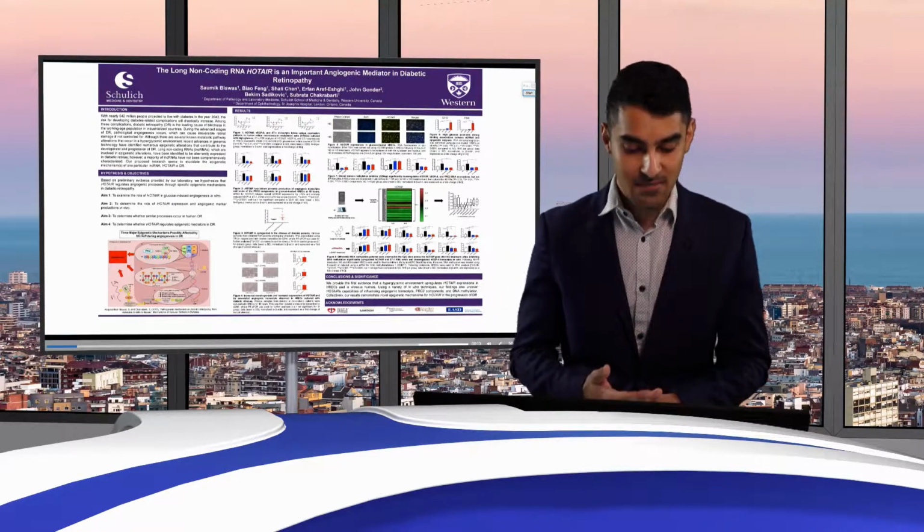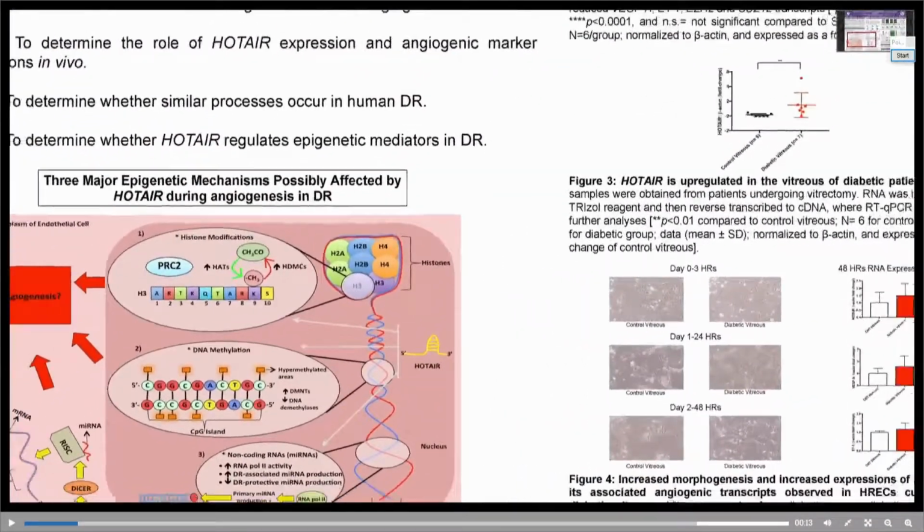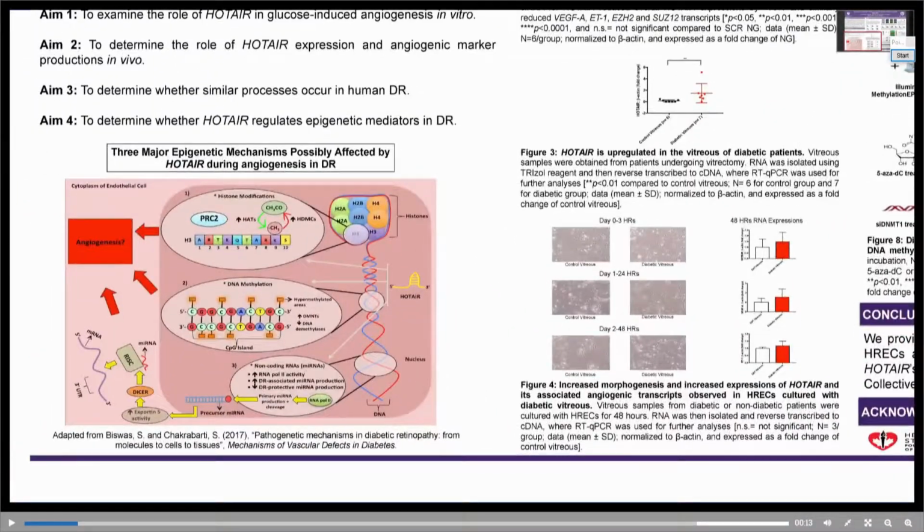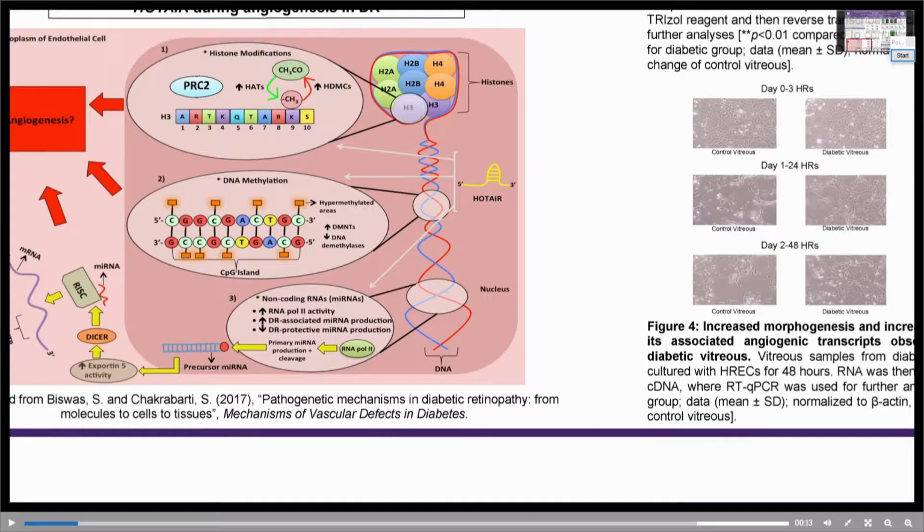Some of the epigenetic mechanisms involved include histone modifications, such as histone methylation mediated by the polycomb repressive complex 2, which is the histone methyltransferase. As well, there is DNA methylation and the activity of non-coding RNAs.